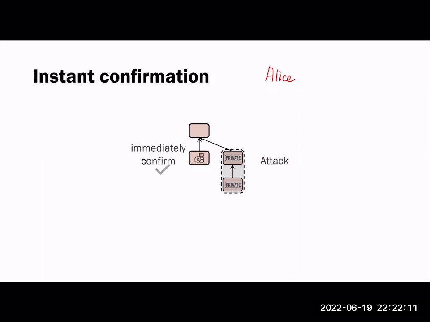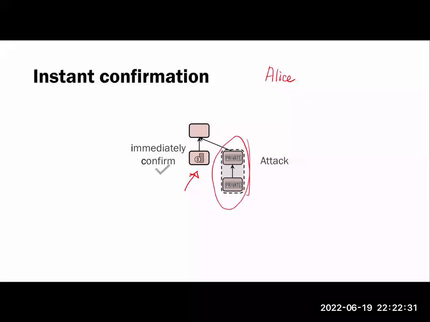She would not release these 2 blocks until the block here is received at the node so that they have a confirmation. And then once this confirmation happens, Alice will release these 2 blocks to the rest of the network.